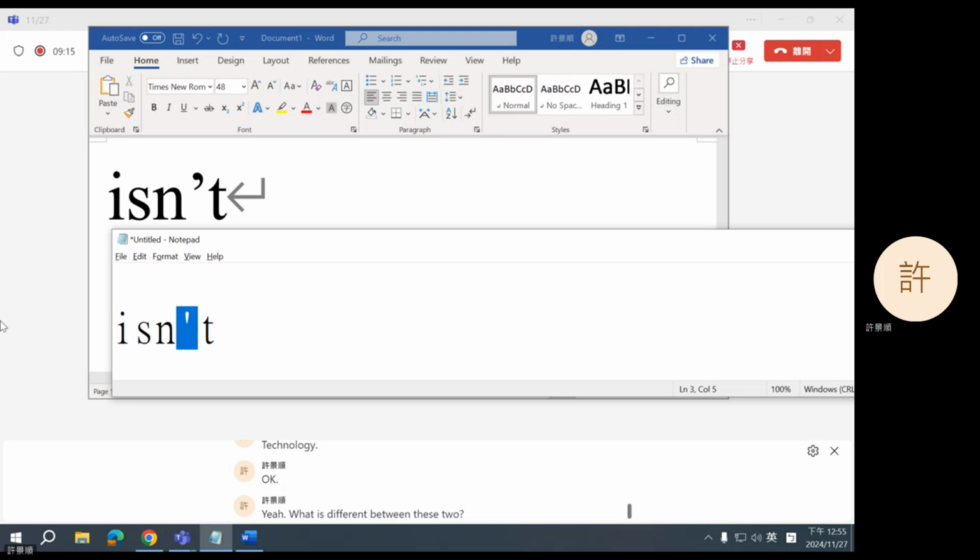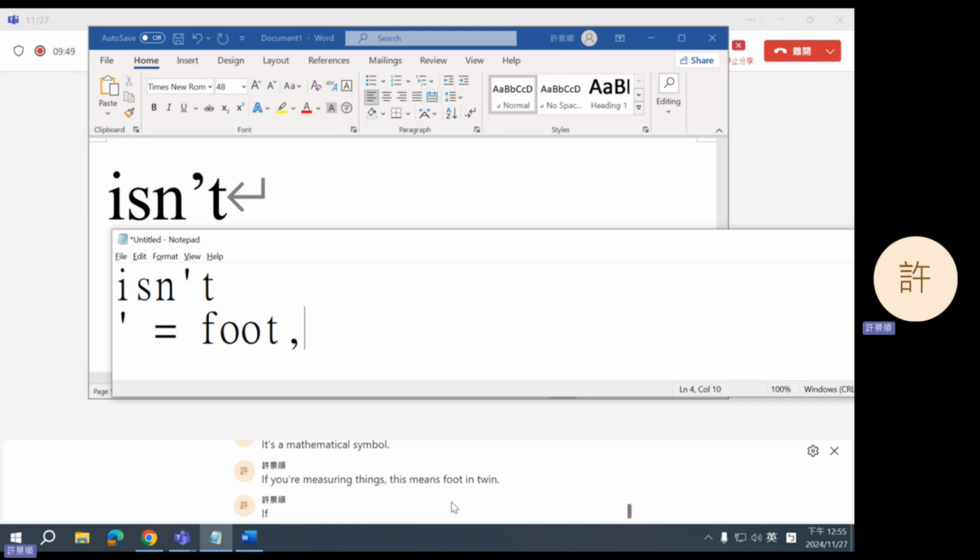This one is straight. This one is curved. In fact, this symbol is not an apostrophe. It's a mathematical symbol. If you're measuring things, this means foot, inch.